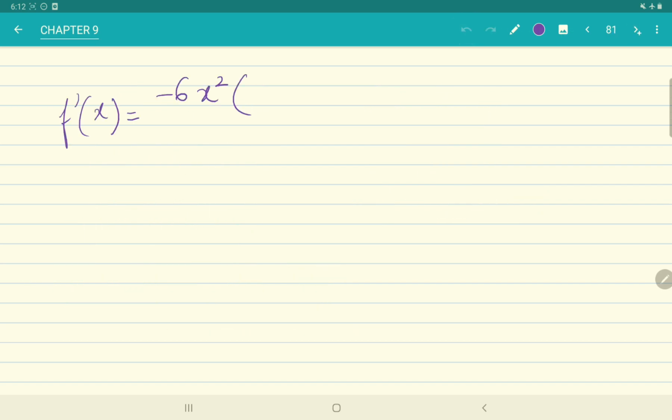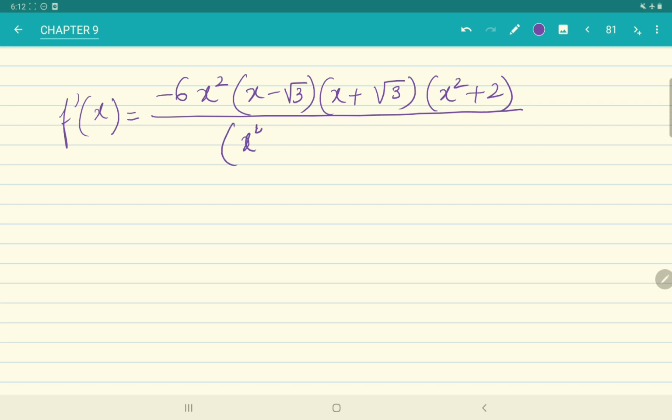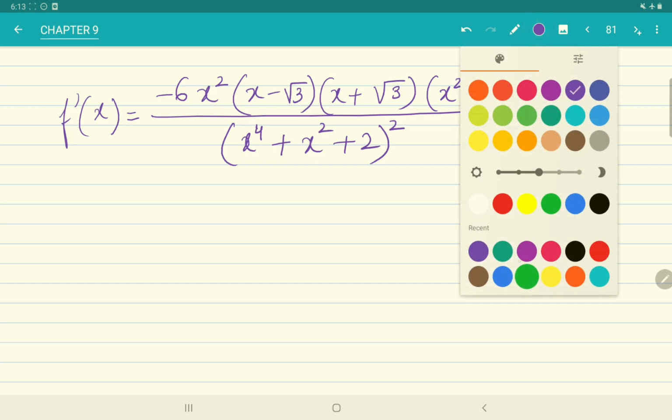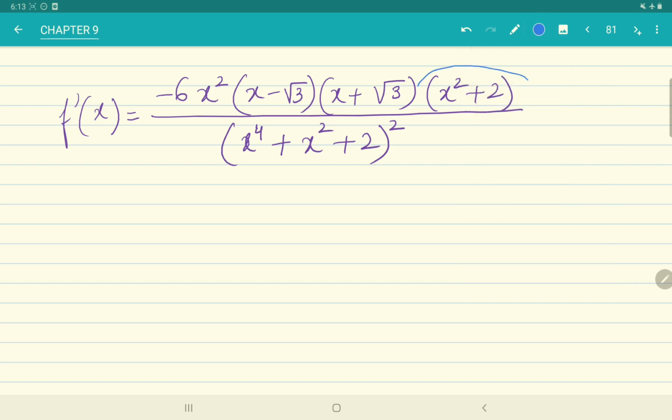I can write this x minus root 3, x plus root 3, x squared plus 2, divided by x raised to the power 4 plus x squared plus 2, raised to the power 2. Now if we take a look at the denominator and this factor in the numerator, which is x squared plus 2, these are always positive, so we don't have to worry about these.